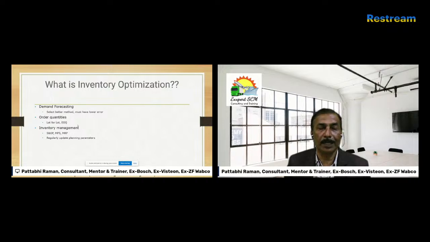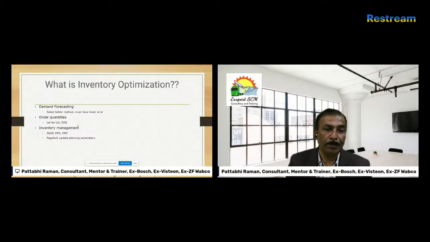In the MPS we have the demand time fence and the planning time fence. If you simply change the requirement on any customer change, it is going to affect the inventory. Whatever planned material you have, you keep aside and then ask for new material. So time fence discipline is required.